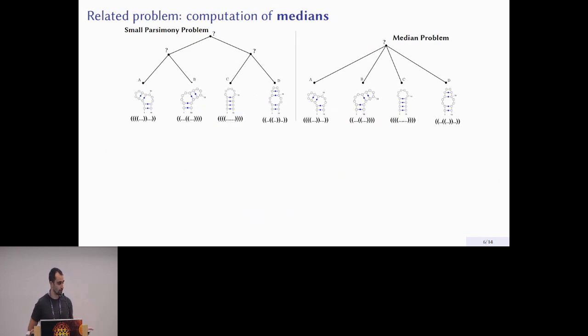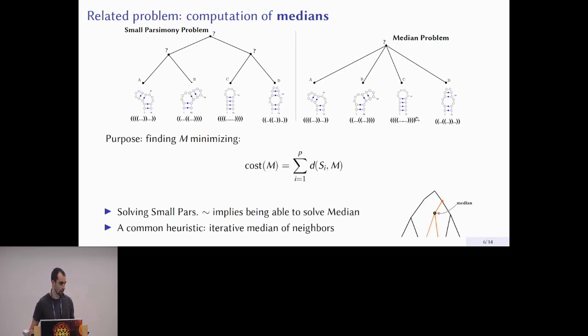You're still given a bunch of structures as input, but this time you're only looking for one structure that has to minimize the average distance to the input structures. It's related to the small parsimony problem because it is sort of contained in it, and some of our algorithms for small parsimony are based on first the computation of medians.